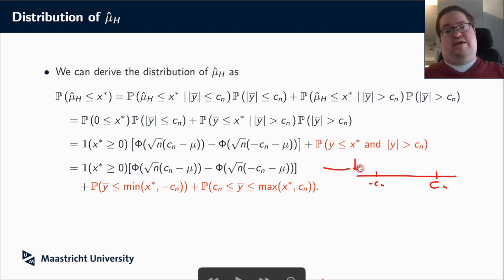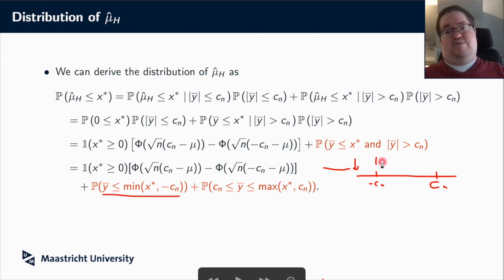I do this for any x star until I reach minus Cn, because the moment I go beyond minus Cn, I don't count that part. So I only count up to minus Cn. That is exactly what I have here in this first part: the probability of y bar being below the minimum of x star and minus Cn.